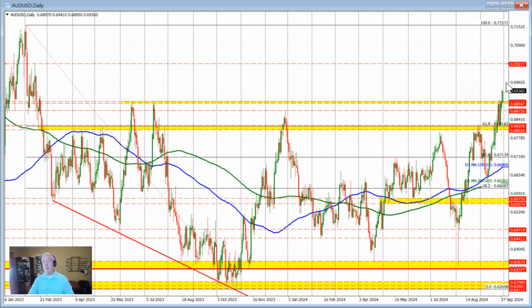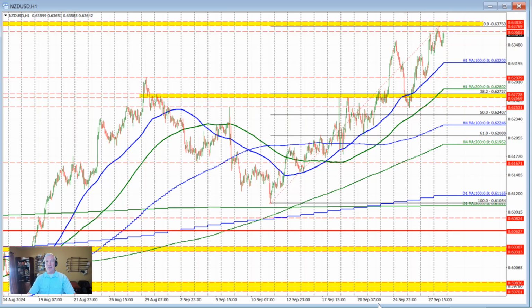That's still about 90 pips away from the current level, but certainly a target that we aspire toward, as long as the price can remain above this 0.69 level down to the 0.6894 level. If it can do that, like it has today, then the upside is open, and we can continue this probing in that directional bias. Let's take a look at the New Zealand versus US dollar next.